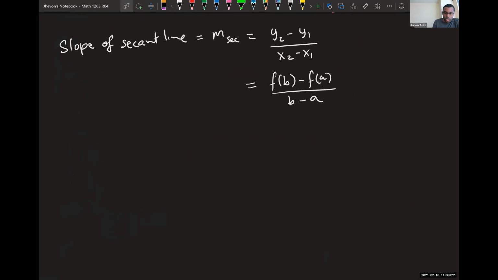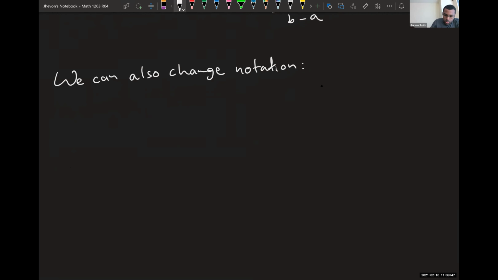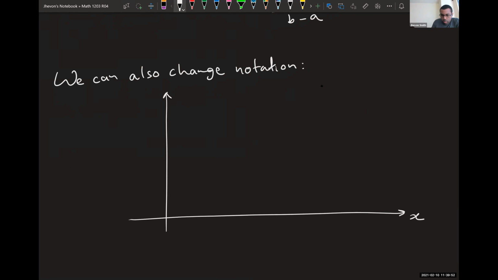But I should also mention, we can also change notation. So sometimes we want to describe it in terms of the original point and a point that is some distance from the original point.